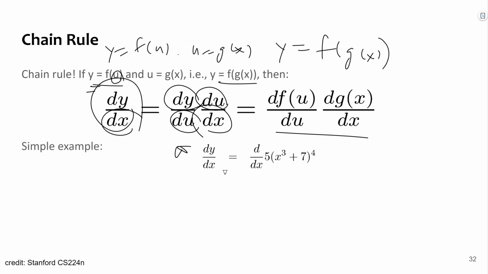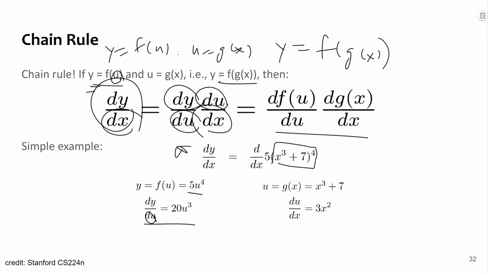Now, when you want to derive this one, we first need to derive this one regarding x cubed plus 7 as u. And it becomes 5 times u to the power of 4. And when you derive this, in respect of u, it becomes 20 times u cubed. And the next step is u is g(x), which is x cubed plus 7.